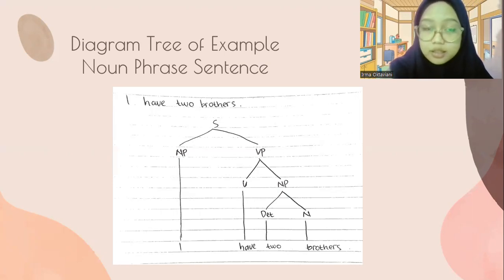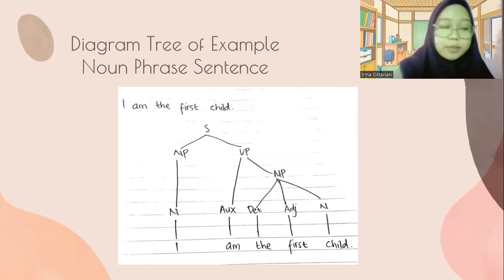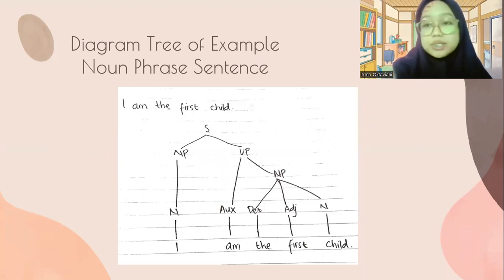Did you get it? Okay, I will give you another example of a tree diagram of noun phrase sentences. Then the second is: I'm the first child. I'm the first child is a sentence with NP, noun phrase, and VP, verb phrase. Then the NP has a noun, used for the word I, and then the verb phrase has an auxiliary and a noun phrase.